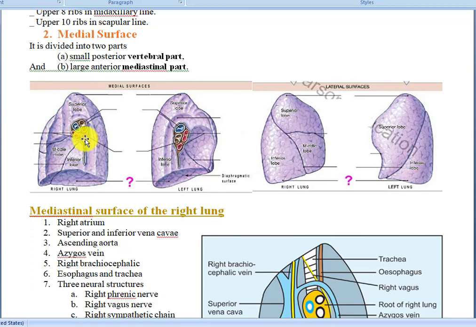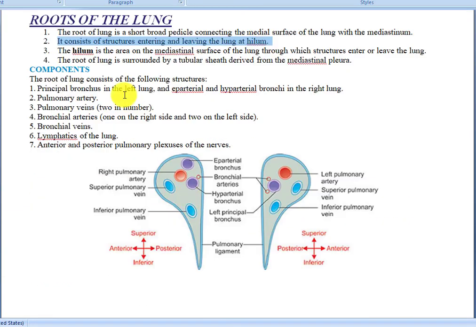It is the part where arteries enter, veins enter and leave, lymphatics come out, nerves enter. So we say the root of the lungs consists of the structures which enter and leave the hilum of the lungs.